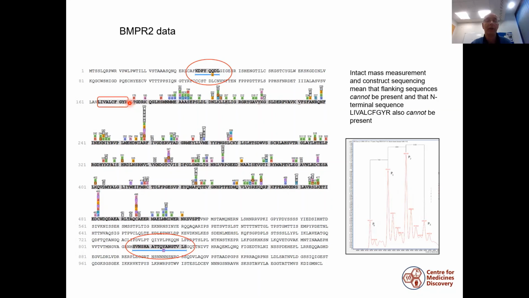So we know its mass because we measured it, and the mass corresponds to this fragment, and there is nothing at a higher mass, so we know that these flanking sequences, and also this apparent N-terminal peptide, cannot be present.